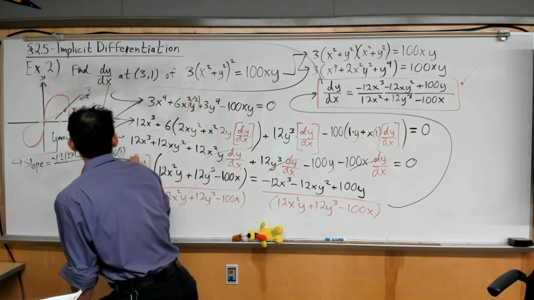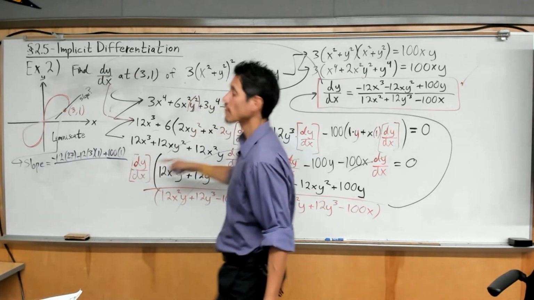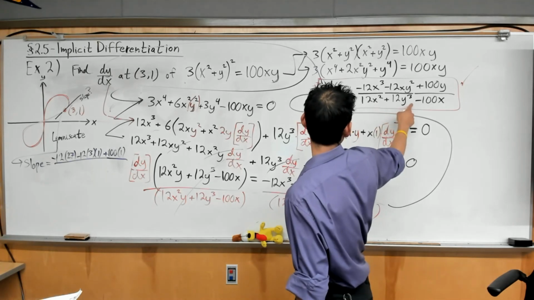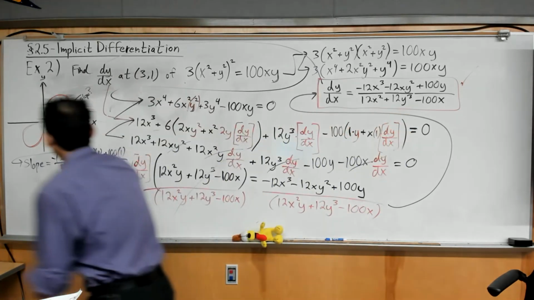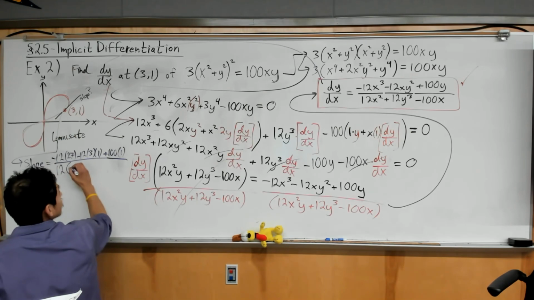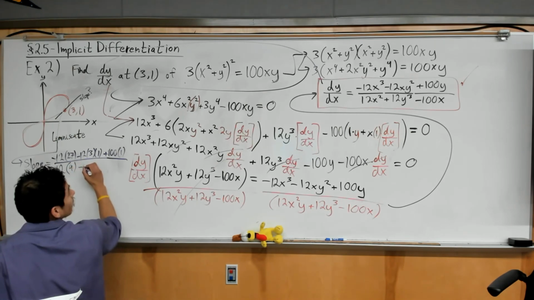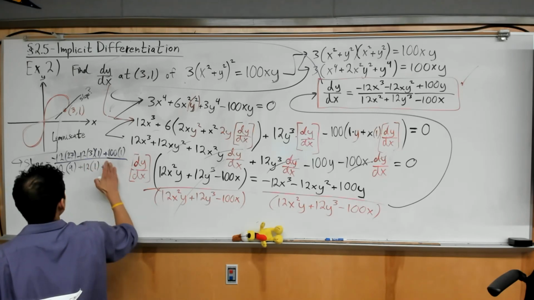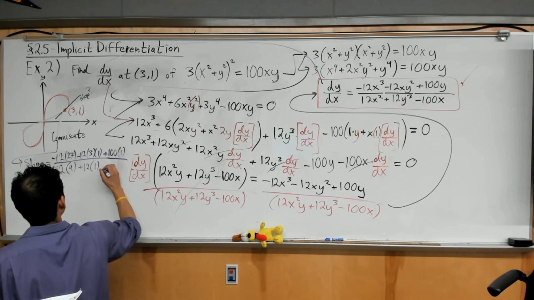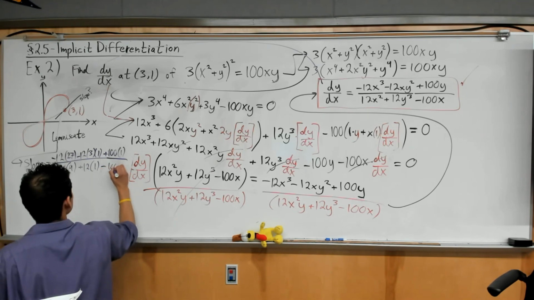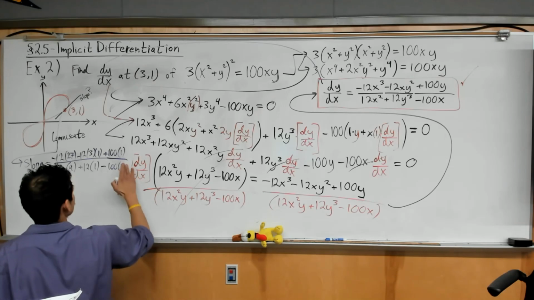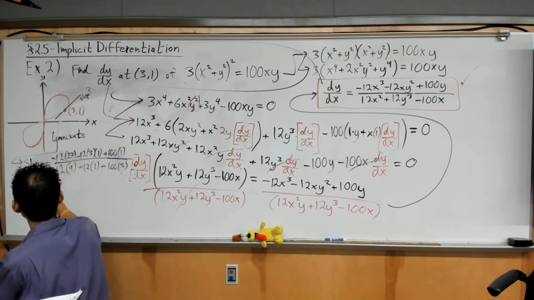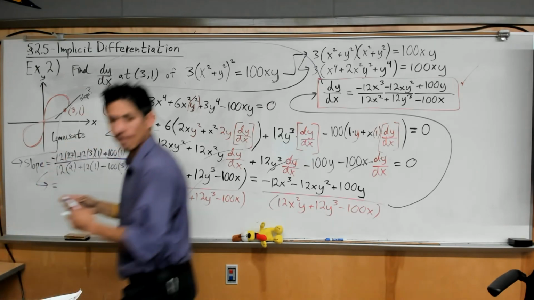And then 12 times 9 plus 12 times 1 minus 100 times 3, so minus 300. Okay, here we go. Moment of truth.